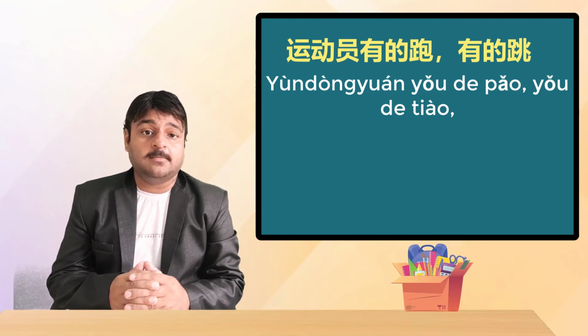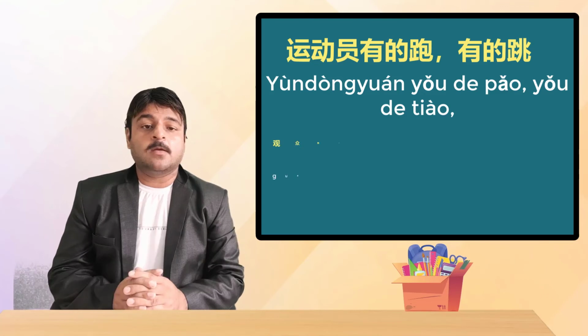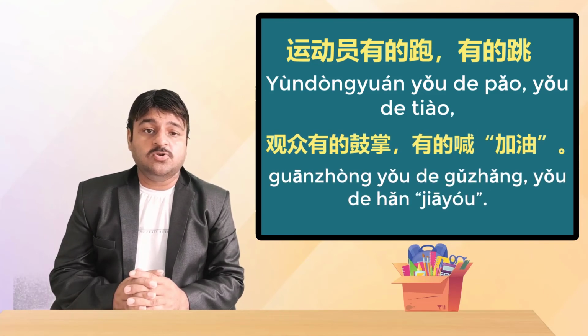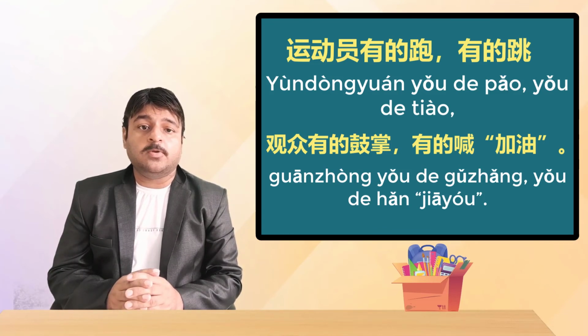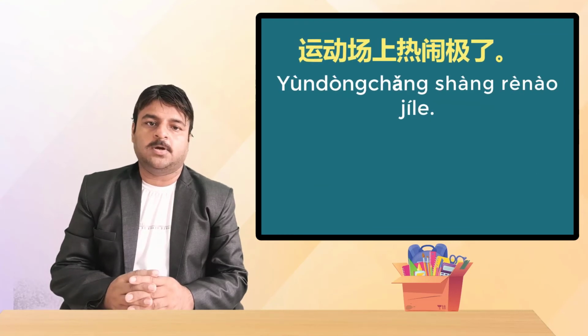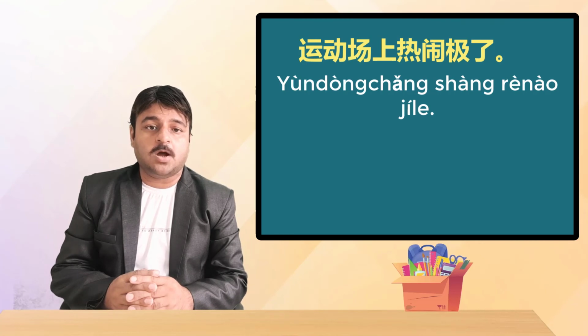Some of the sportsmen were running, some were jumping. 观众有的鼓掌，观众 is audience. 有的 some of them 鼓掌 applauded, some of the audience applauded. 有的喊加油，有的 some of them shouted 加油, buck up or keep it up. 运动场上热闹极了，运动场 the sports ground, 上 up or on. 热闹 bustling. 极了 extremely. It was extremely bustling on the sports ground.